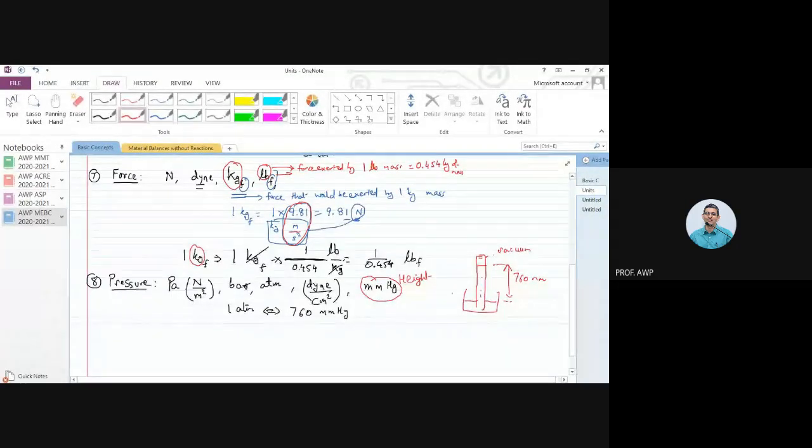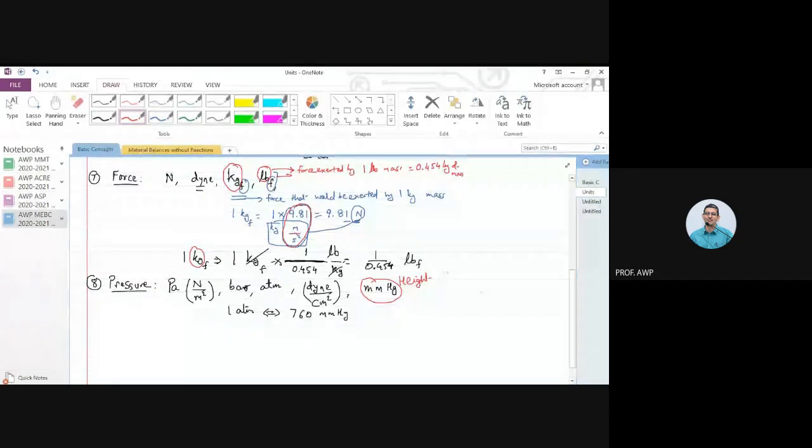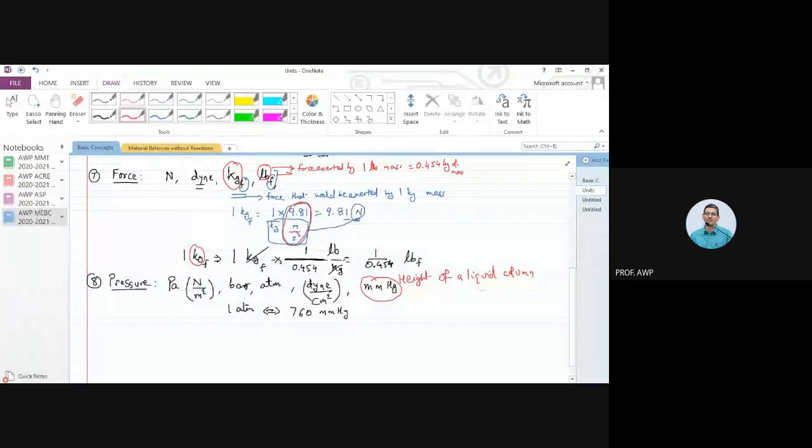So we talk in terms of actually not pressure, but we say in terms of height of a liquid column. So in this particular case, the liquid is mercury.